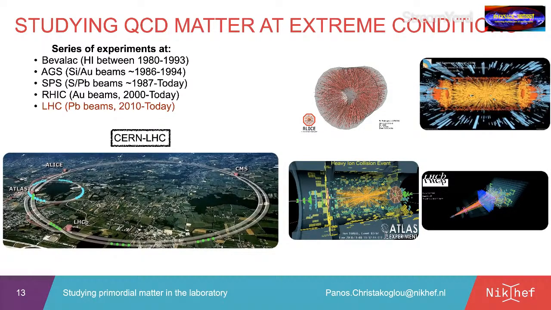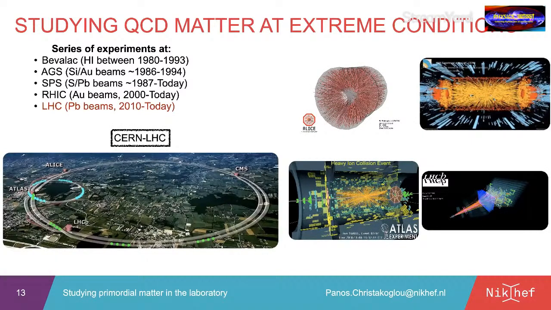So CMS and ATLAS, you see 2 event displays here from these 2 experiments, are mainly focusing on studying the standard model and identifying one of the missing building blocks, the Higgs, which has been discovered, or at least a Higgs-like particle has been discovered in 2012, and through consecutive studies, we get more and more convinced that this is indeed the standard model Higgs.